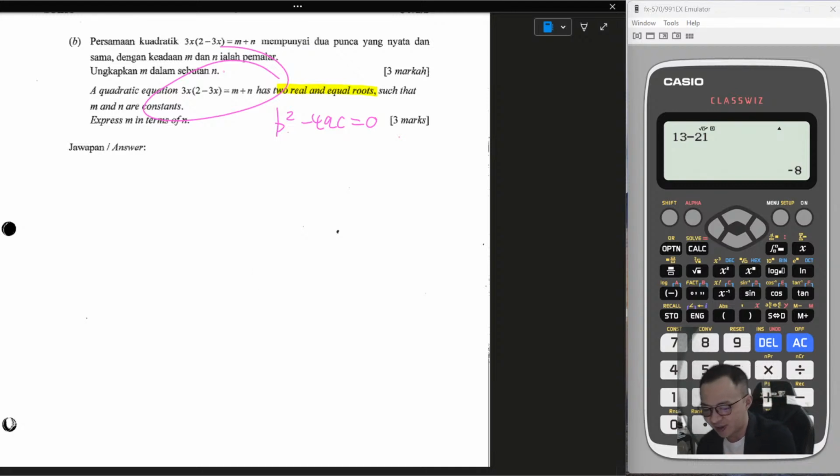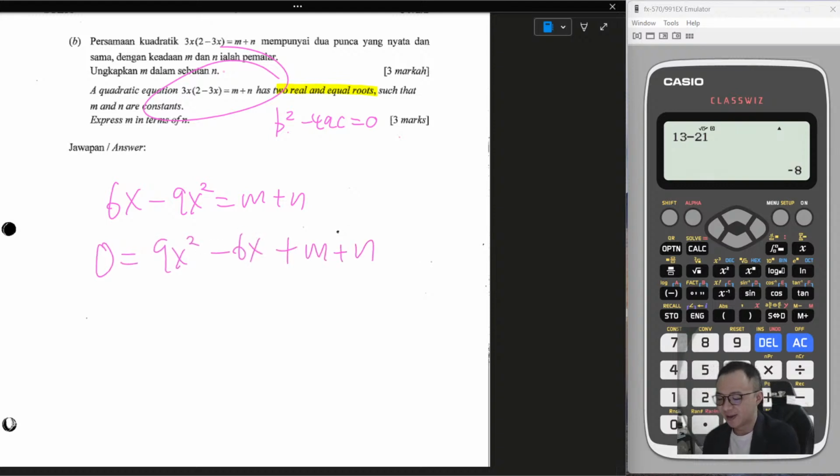So I'm going to rearrange here. Expand first, so I should have 6x minus 9x squared equals m plus n. I make it 0, so 9x squared minus 6x plus m plus n. So obviously you can already see all the a, b, c, right?